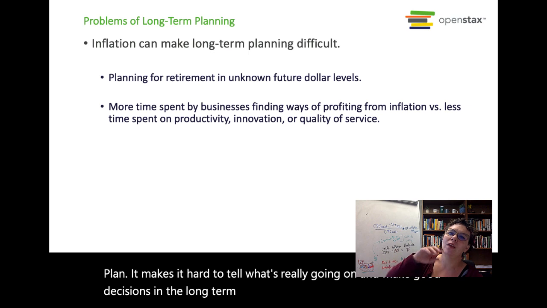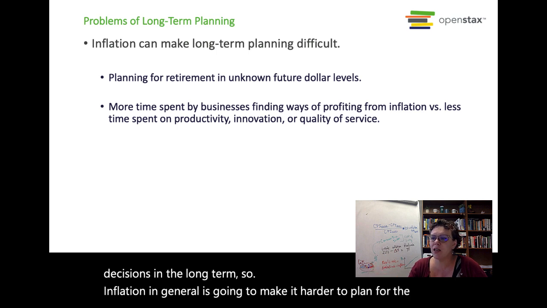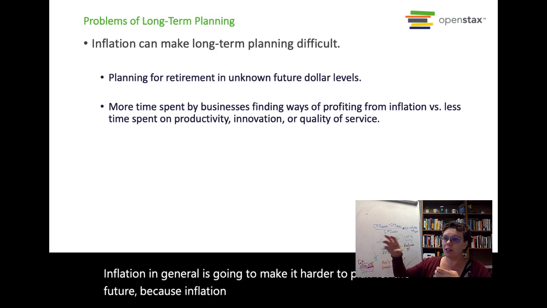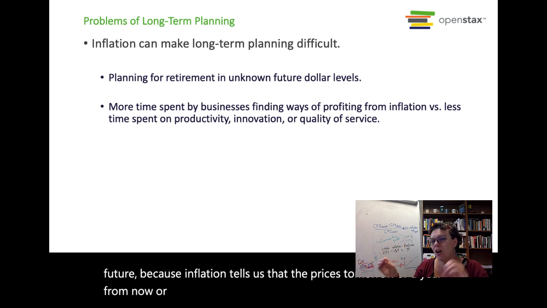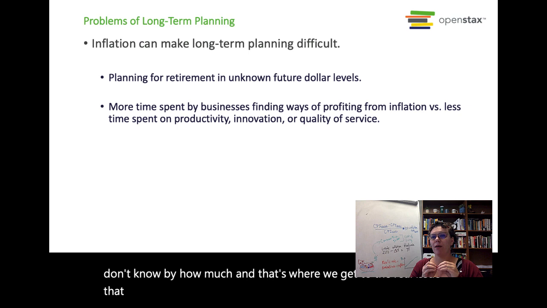So inflation in general is going to make it harder to plan for the future because inflation tells us that the prices tomorrow or a year from now or 40 years from now are going to be different, but we don't know by how much. And that's where we get to the real issue that economists care about with inflation.